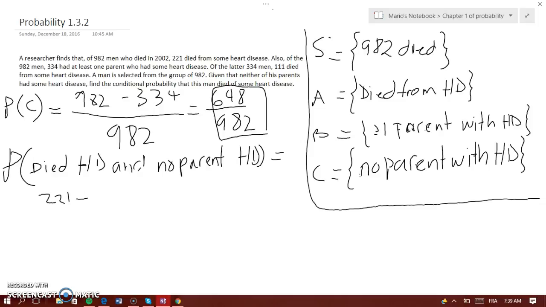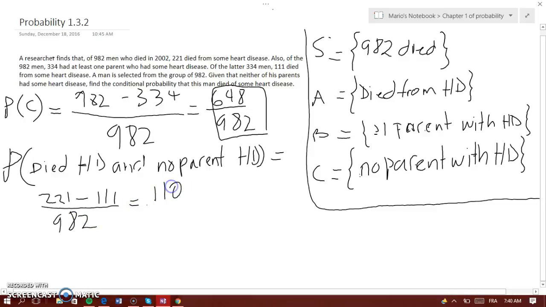So to find the number of men who died without a parent having heart disease would be 221 who died minus 111 who died with at least one parent having heart disease. And that would be equal to 110 out of 982.